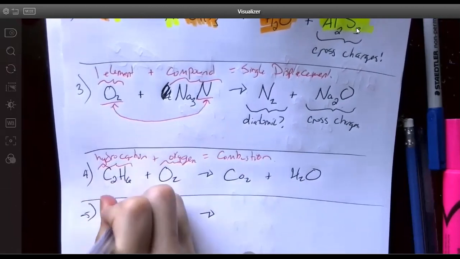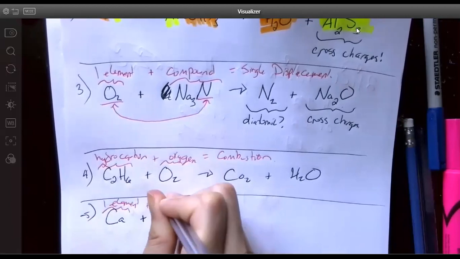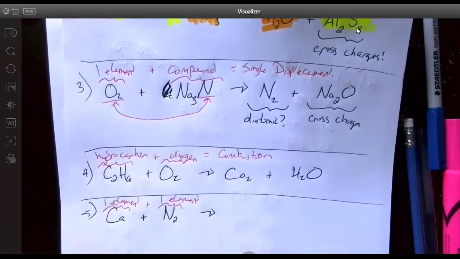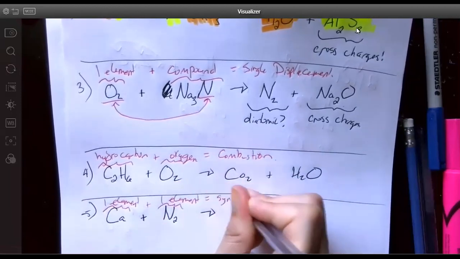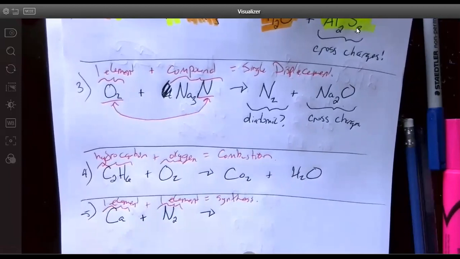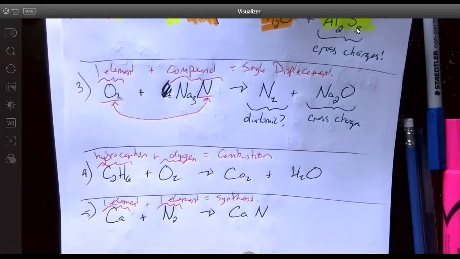This time I have one element reacting with another one element. If that is the case, it is definitely a synthesis reaction. It's the only time that I have two lone elements react together, which means all I do is squish those together. Of course, writing the metal first, so we have calcium nitride.